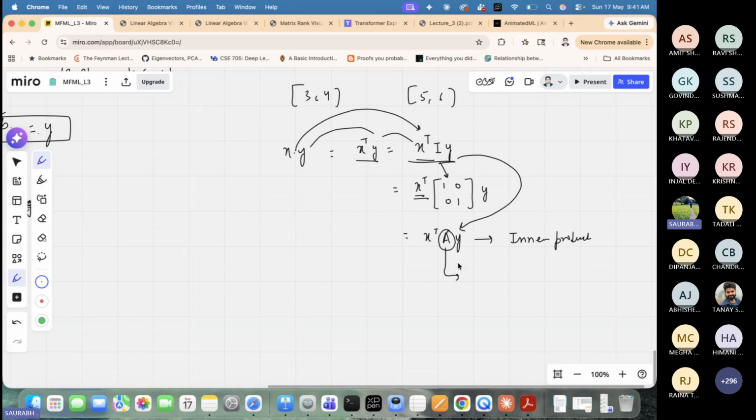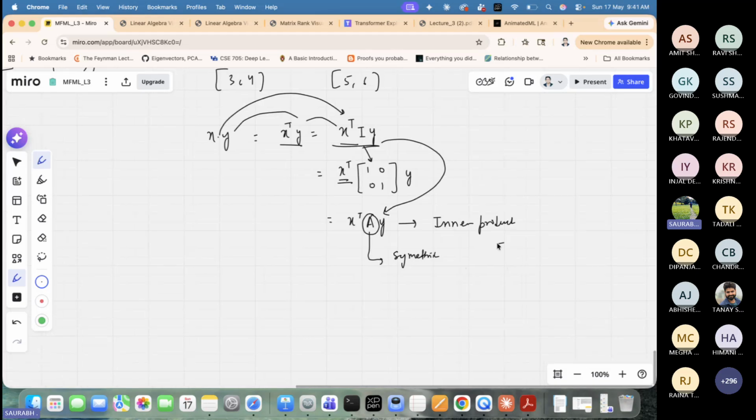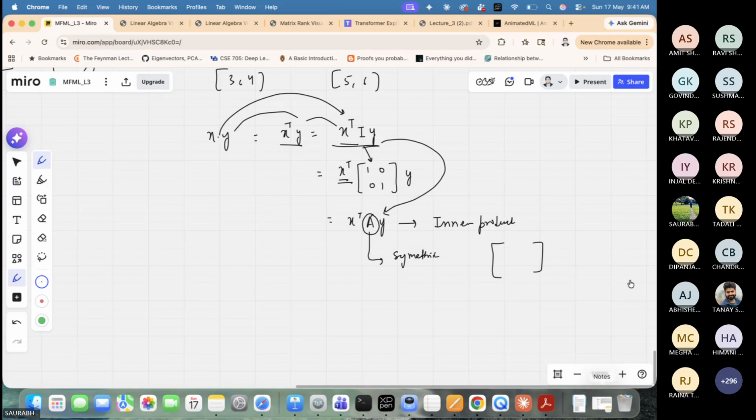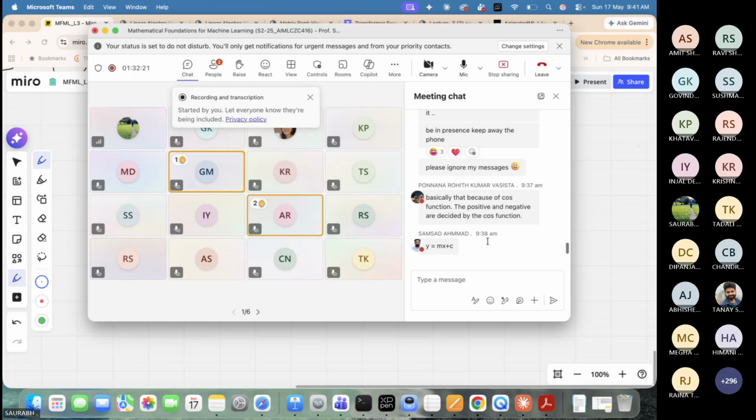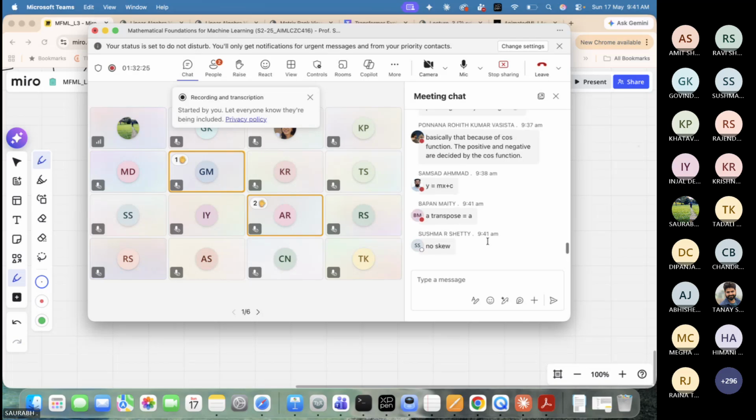What could A be? Then you say that A can only be symmetric. You already know symmetric matrices, right? What are symmetric matrices, guys? A is equal to A transpose.